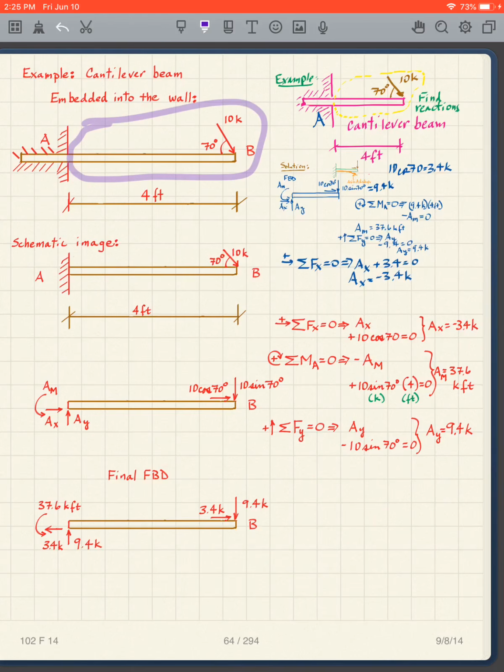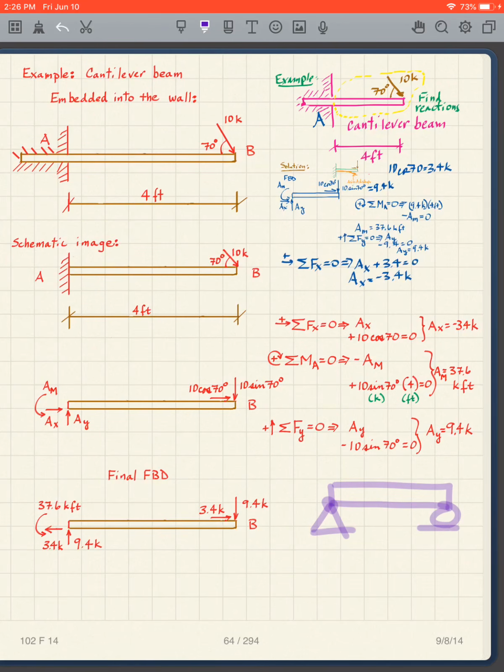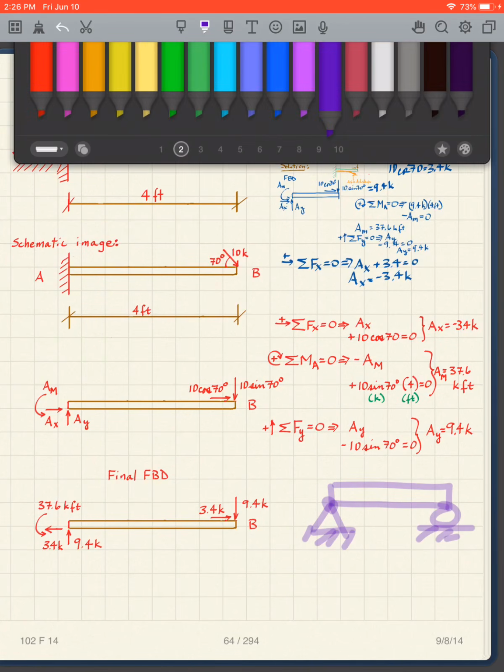Well, what am I going to write at the left end? Well, now I'm not making a cut through a hinge. Remember, if I have a hinge and I make a cut through a hinge, what happens?